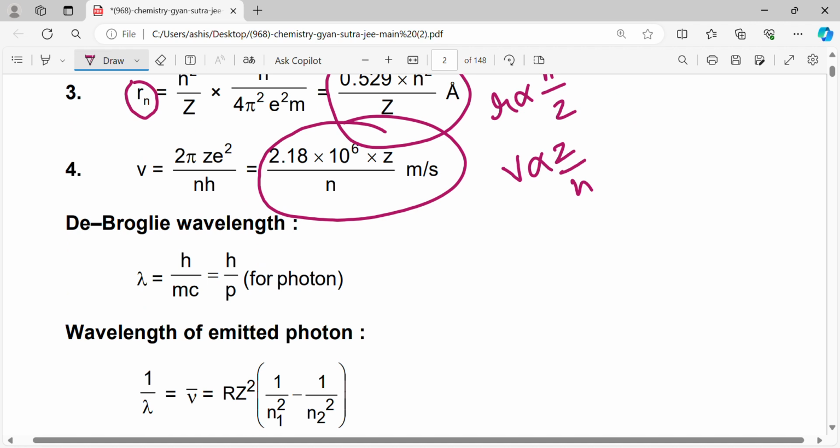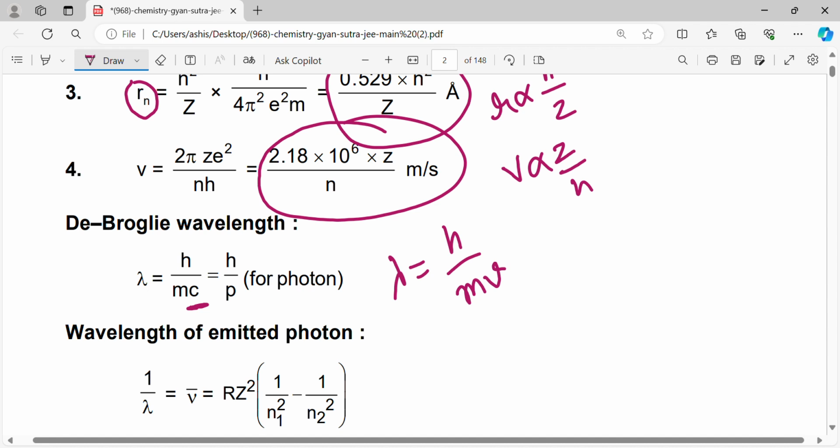De Broglie wavelength we can calculate by the formula lambda is equal to h by mc, or lambda is equal to h by mv. V we can take for any microscopic particle like electron, neutron, proton, and c we can use only for photons.